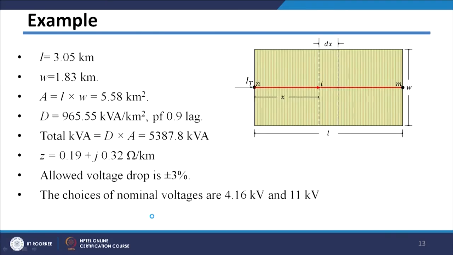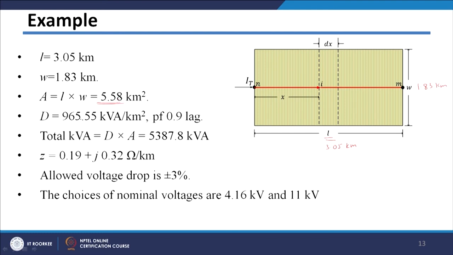Let us see an application of these equations, derived for calculation of power loss and voltage drop. Let us say you have a rectangular area where the length is 3.05 kilometer and the width is 1.83 kilometer. The total area you can easily calculate: length multiplied by width, which is 5.58 kilometer square.